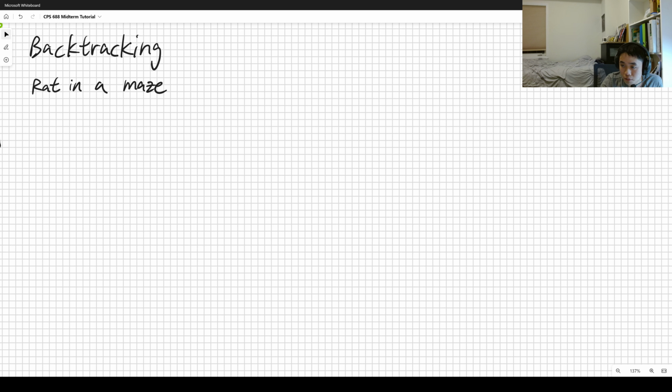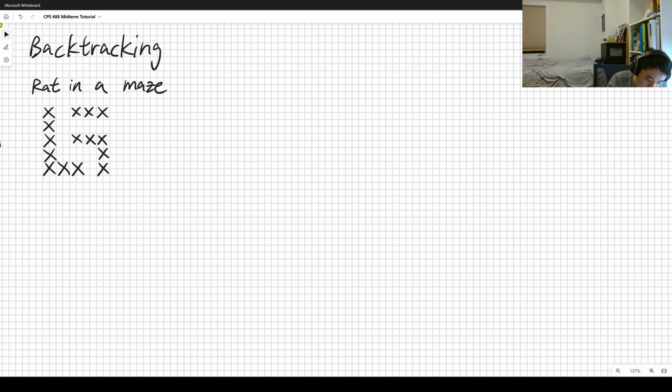So for rat in a maze, I'll give you all some cells to look at. I will make a 5 by 5 grid with a little dead end here.